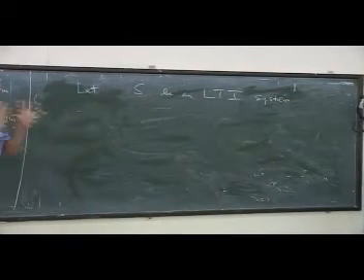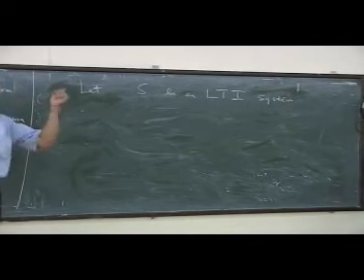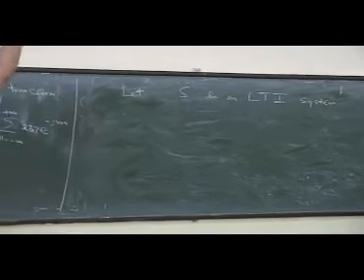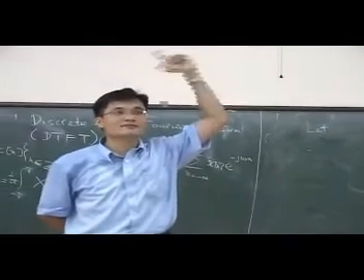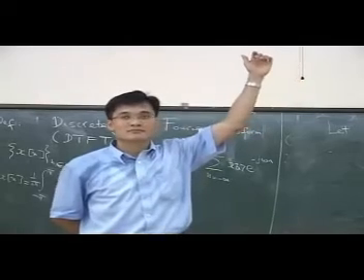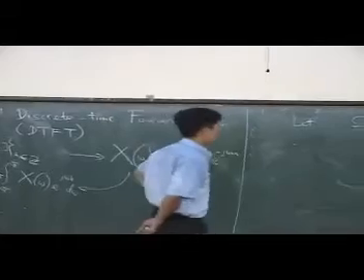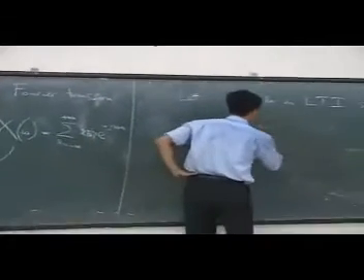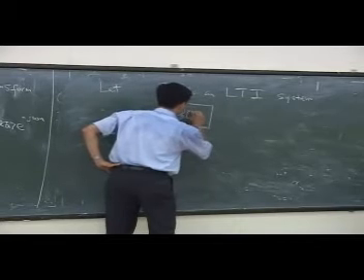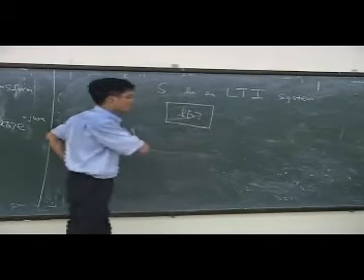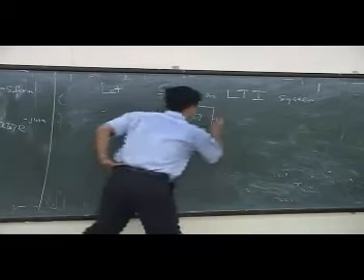The system that's linear and time invariant. We know from before, if I have an LTI system, what do you remember from the first lecture? How can I describe the system? I use impulse response, right? So I have the system with h as the impulse response of the system.